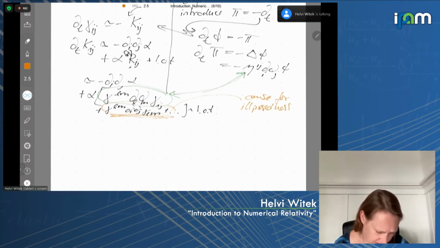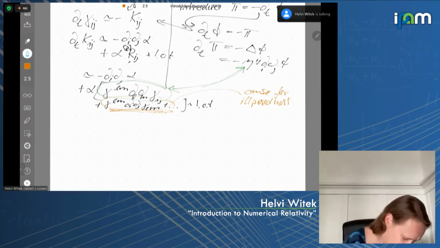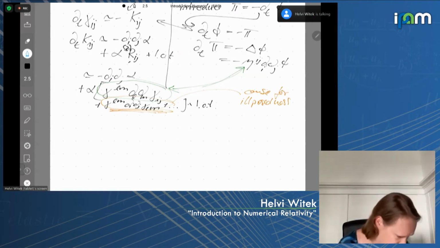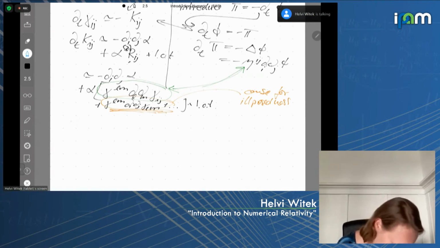Good. So I do have some space here, and I will try to use only this space to write down the BSSN variables. As I said, it's not very instructive to have them in great detail. Let me just put BSSN in quotation marks.